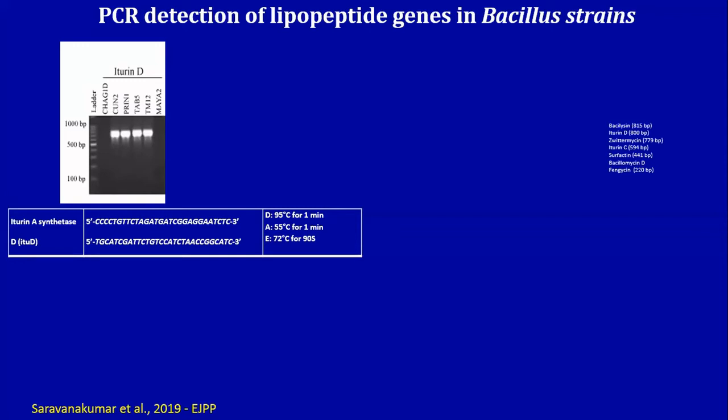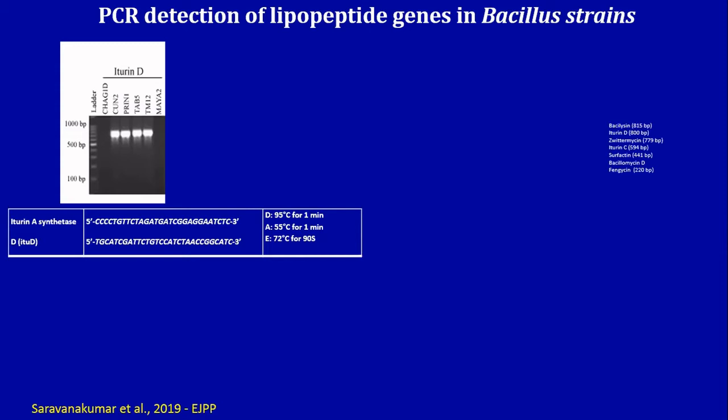As I told you, we have isolated several Bacillus strains, and in the case of Bacillus, the lipopeptide genes have been studied. Those lipopeptide genes have antifungal, antimicrobial, antibacterial and anti-oomycete properties, and some have anti-nematode and antiviral properties as well.